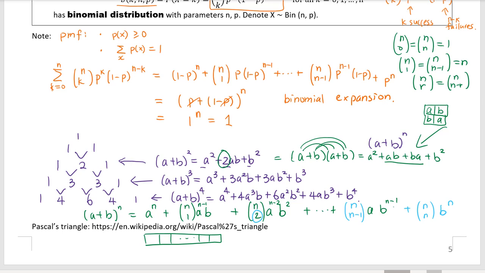So then this is the binomial expansion. And now we use this formula and we let a be p and let b be 1 minus p. Okay, so this is the binomial expansion.